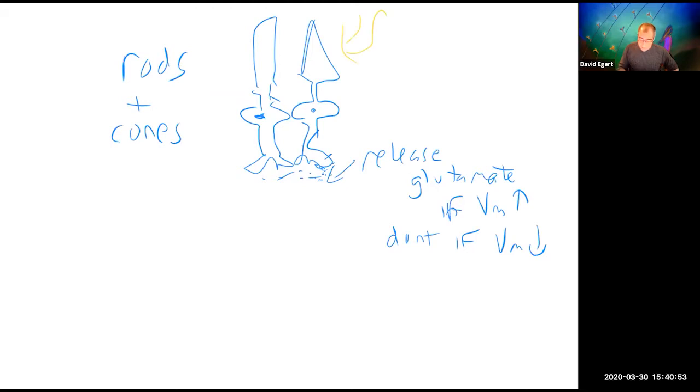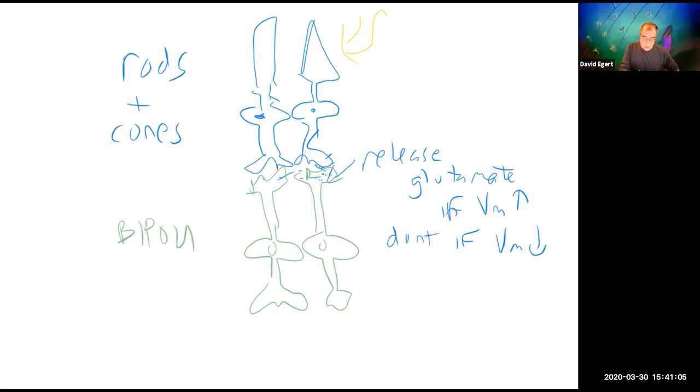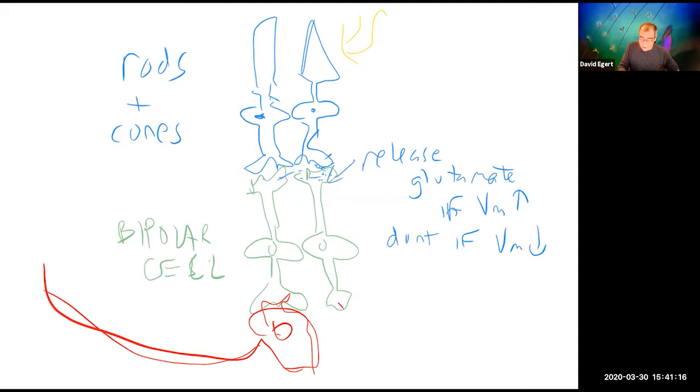And then these are going to talk to the next level of cells, which we call the bipolar cells. These are going to talk to the next layer of cells, which we call the ganglion cells, that actually have axons that make the optic nerve.